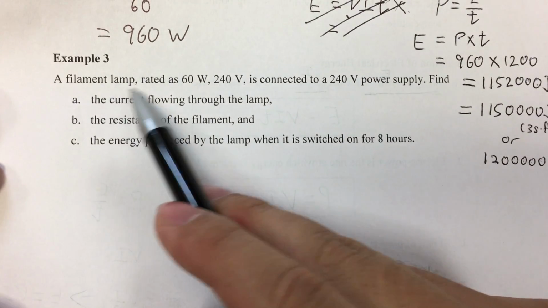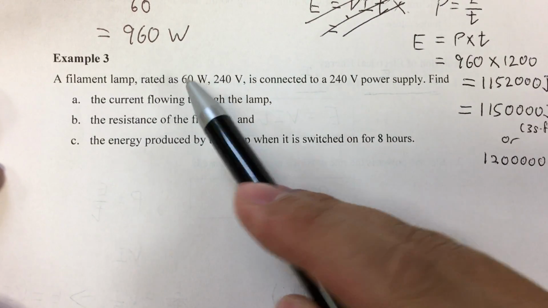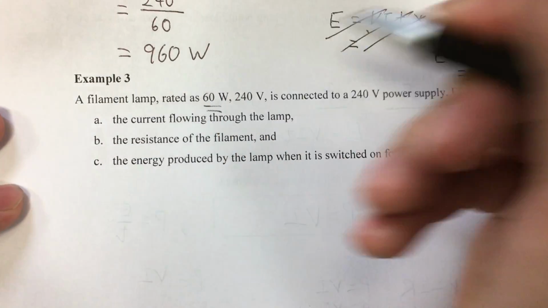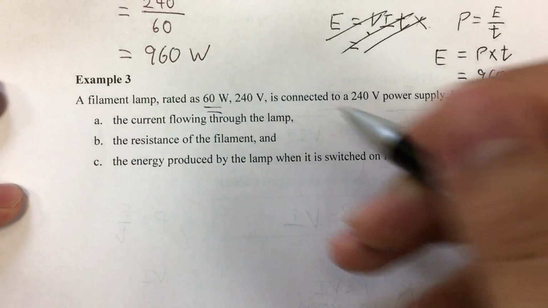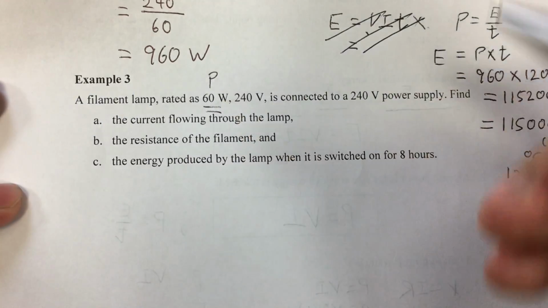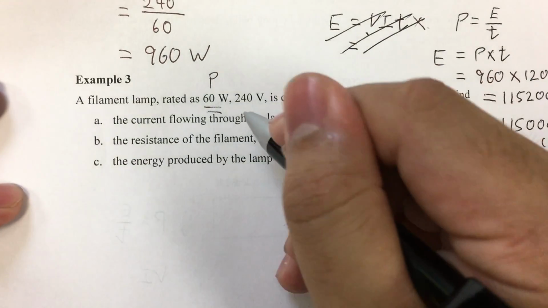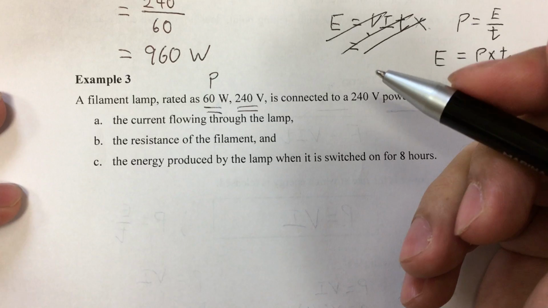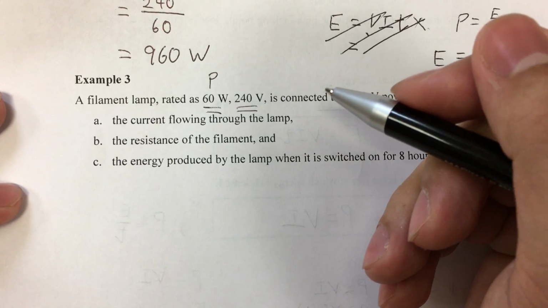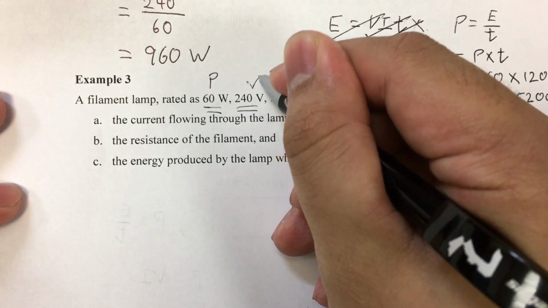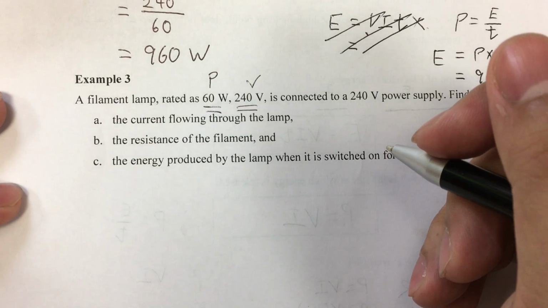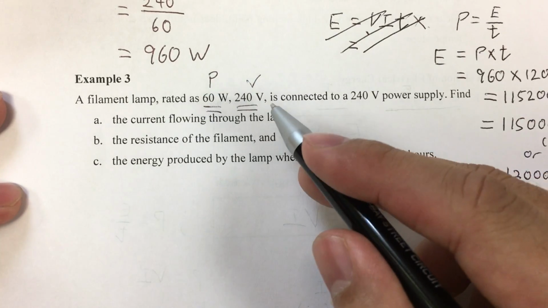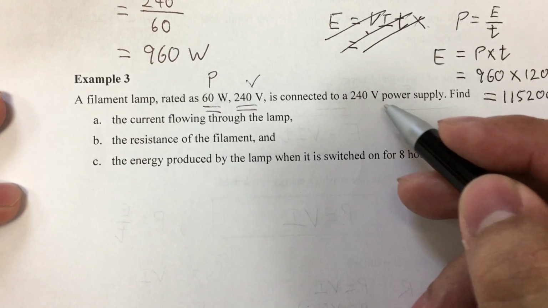A filament lamp rated as 60 watts. What does 60 watts represent here? Yes, it represents power. What does 240 volts represent here? Yes, it represents V. Okay, it's connected to a 240 volt power supply.